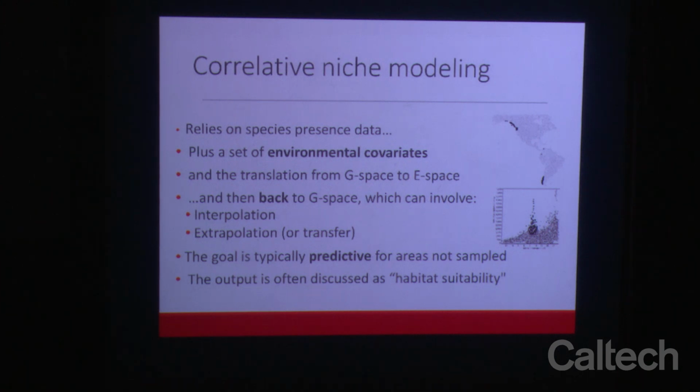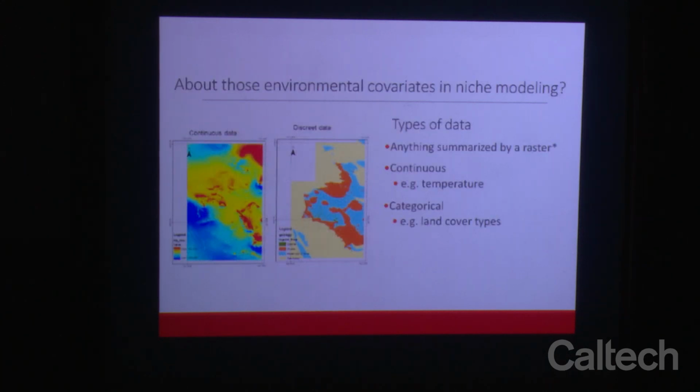And then we want to basically transform back to our geographic space for species distribution modeling, either using interpolation approaches, or often we're transferring models from where we sampled the data to areas where we didn't sample in order to look at things like invadable ranges or potential responses of species distributions under climate change. And the goal is typically predictive for areas that aren't sampled, and the output is often discussed as being habitat suitability. All right.